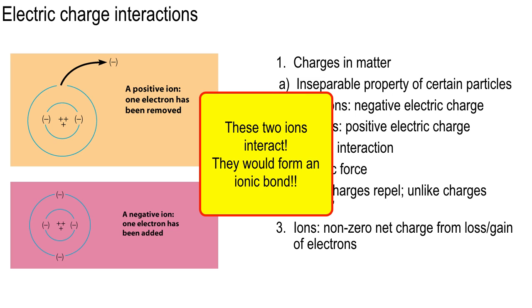And that kind of bond, if it's between 2 different elements, is called an ionic bond. The simplest ionic bond in everyday use is table salt, NaCl, sodium chloride. That's an ionic compound formed by an ionic bond, a sodium positive and a chlorine negative.